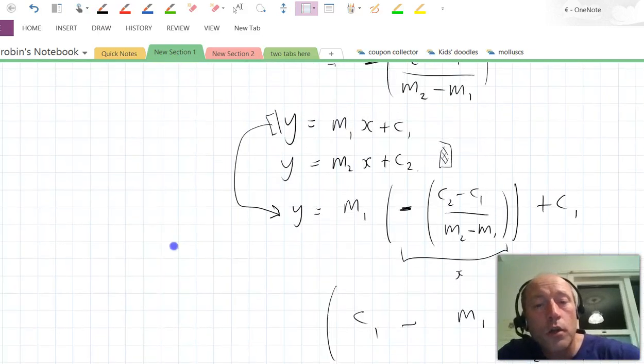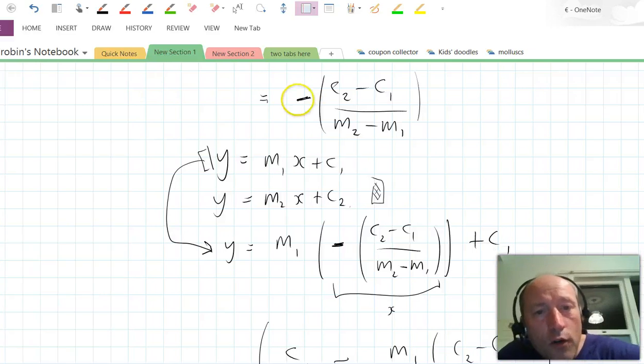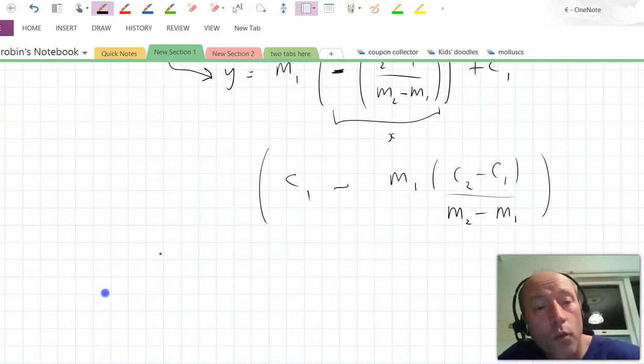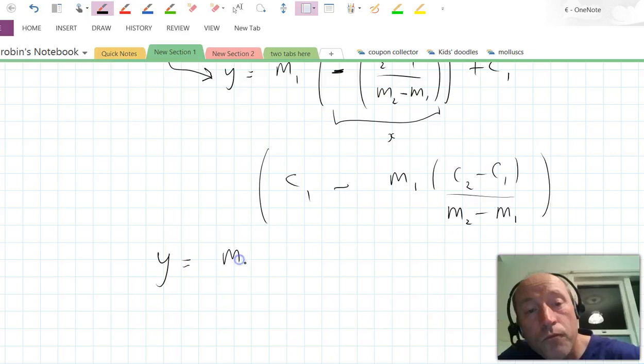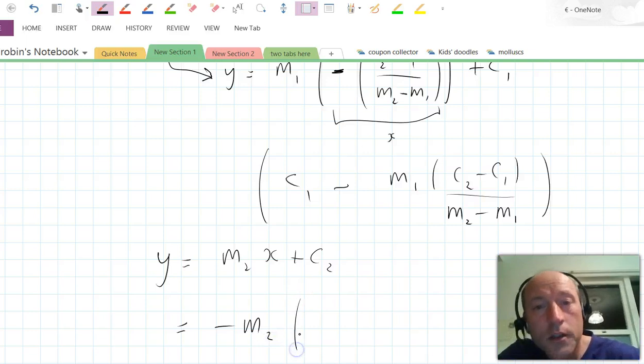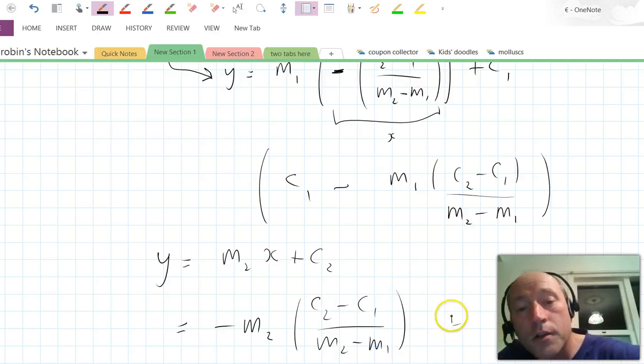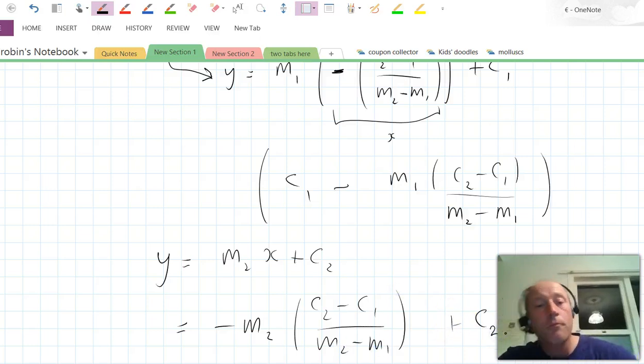So what I'm going to do is substitute that value of x there into this equation here, not that one because we've done it and got that answer there, but this equation. So just write it out: y equals m2x plus c2 equals minus m2 times (c2 minus c1) over (m2 minus m1), plus c2.